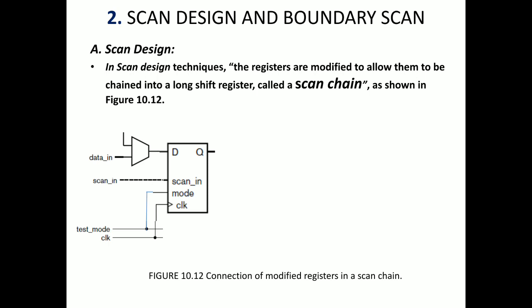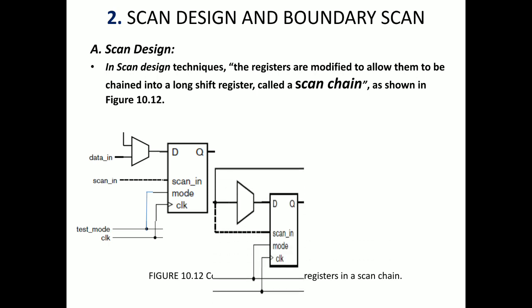We give the data input to the multiplexer as one of the inputs, and the other input of the multiplexer will be the modified register output. We need to construct a chain of registers so that the circuit is modified as a shift register, and we are able to test the circuit functionality.